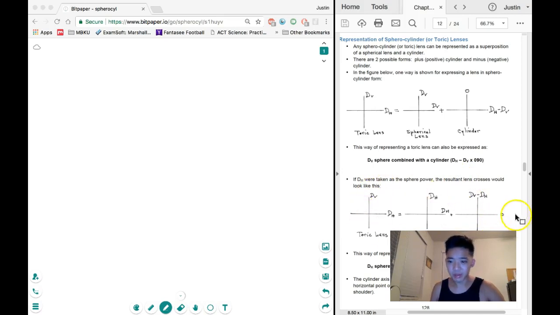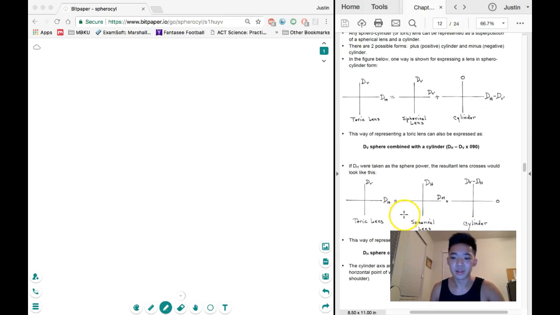This is almost the same image, except that the cylinder here has an axis meridian at 180, whereas this one had an axis meridian at 90. And because of that, the power of the horizontal is what you want to use in reference for the spherical lens, because the power of the horizontal plus 0 still gives you horizontal.